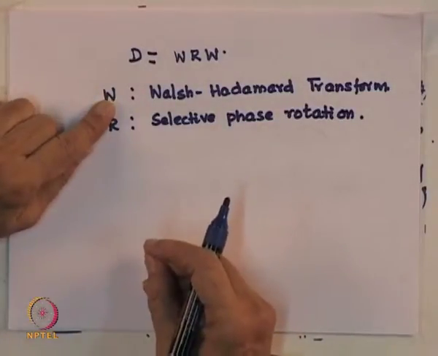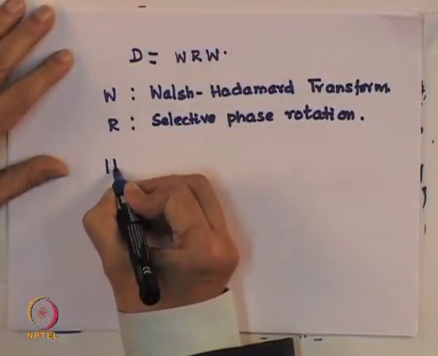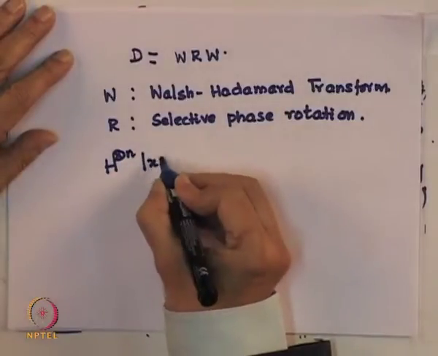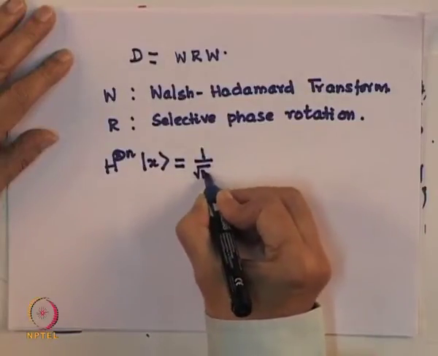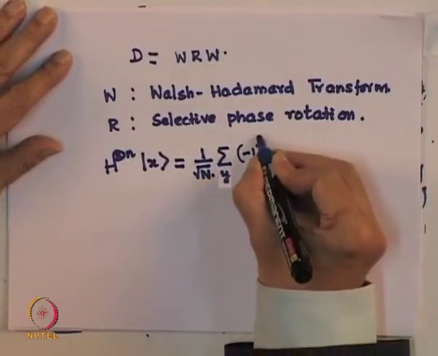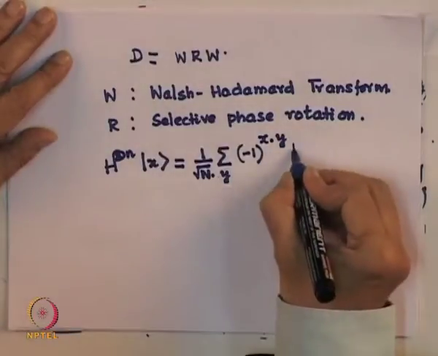The Walsh-Hadamard transform is simply the extension of the Hadamard operation on a single qubit to the case of many qubits. Recall that the Hadamard operator acting on an n qubit state x will give me 1 over square root of n sum over y of minus 1 to the power bitwise product x dot y, y.